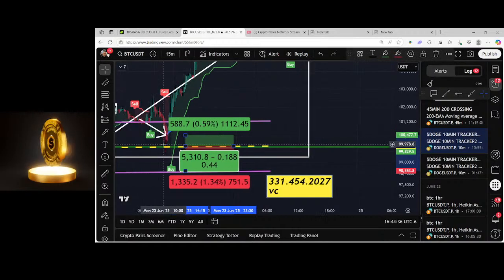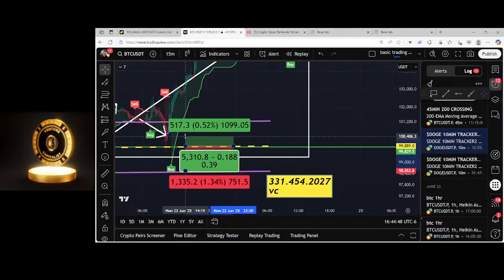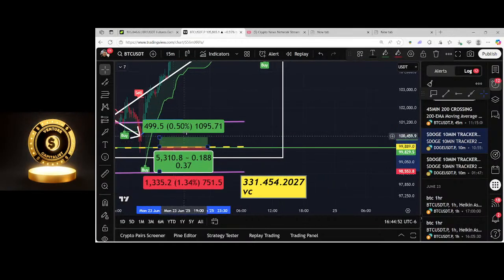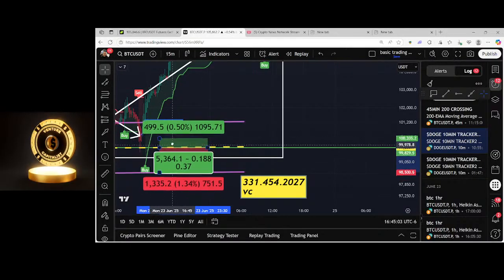You have to calculate, if it does go back down to this support area, will the stop loss actually put you in a good position here, right? And you have to calculate. So normally if you're working on a 75x, a half a percent is going to be 35% in there. So about 37. So this is a 37% pullback, right?